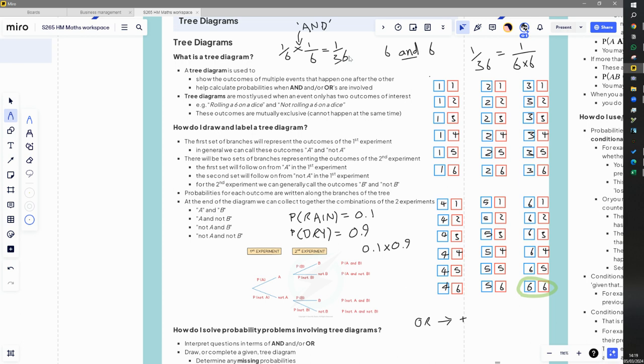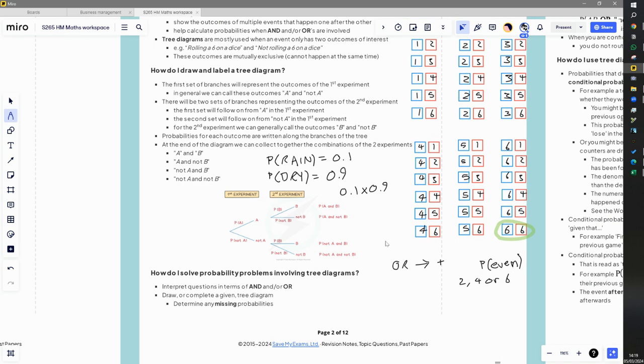Let's imagine, for example, what's the probability of me rolling an even number? Well, that's basically a 2, a 4, or a 6. So as you can see, or is being used. We could say 2 or 4 or 6. So it's going to be the probability of rolling a 2 plus the probability of rolling a 4 plus the probability of rolling a 6.